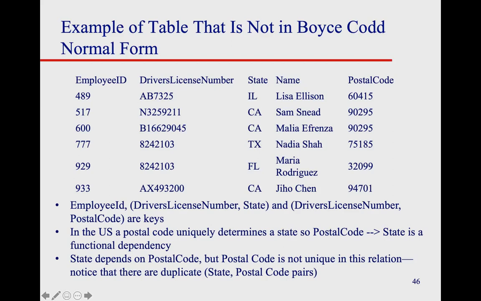The driver's license number and the state is a primary key or candidate key, because a state never gives out a duplicate driver's license number. And then it turns out that driver's license number and postal code are also candidate keys, because the postal code, at least in the US, uniquely determines a state.